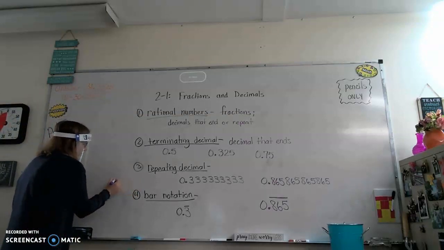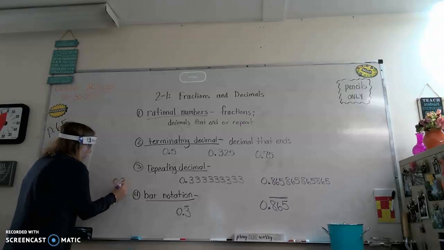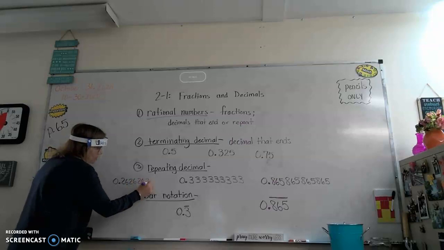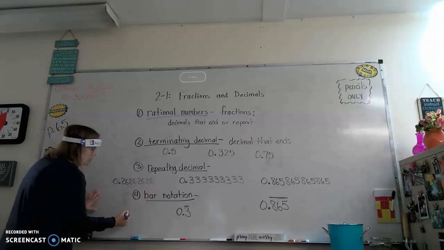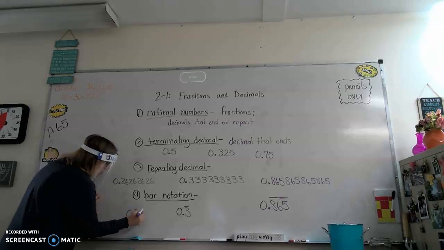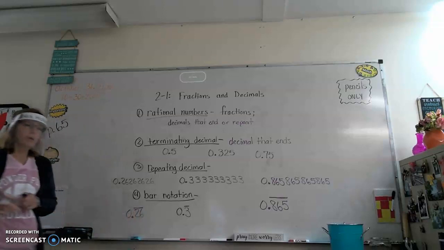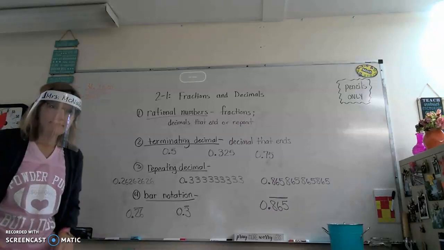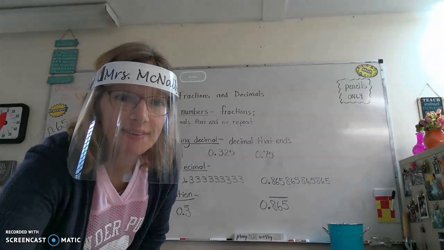We could have 0.262626 forever. And to write it with bar notation, just write one set of 26 with the bar on top. Okay? Copy that down.